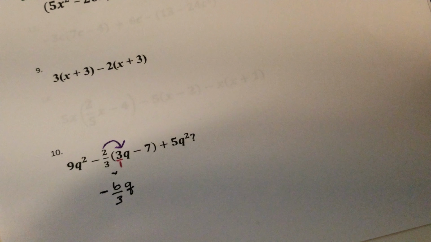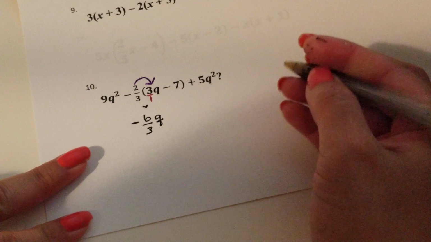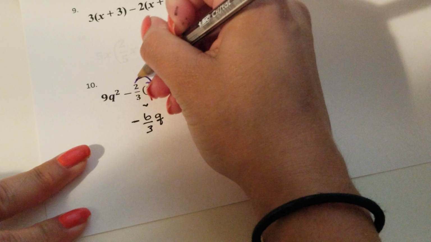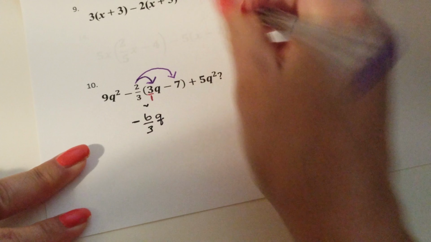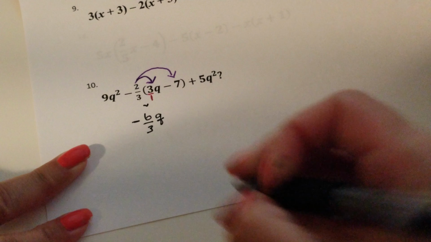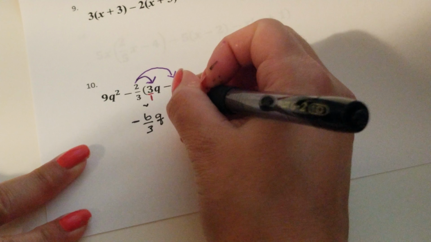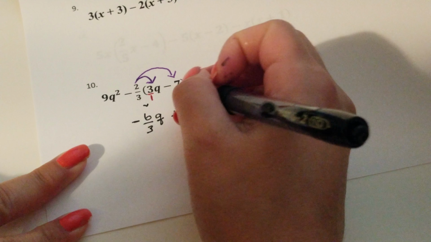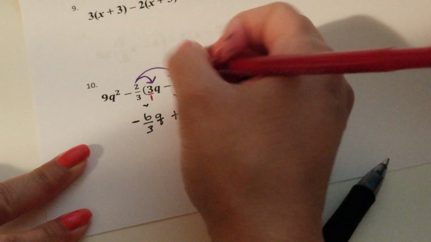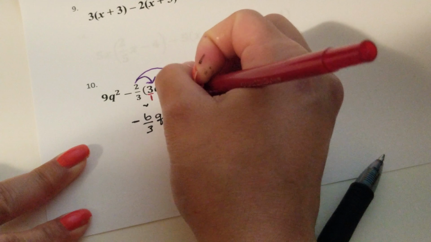And then right here you do the same. You distribute this fraction with the negative 7. And a negative times a negative will make a positive, right? And make that negative 7 into a fraction, so put it over 1.